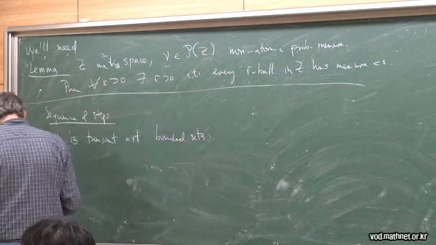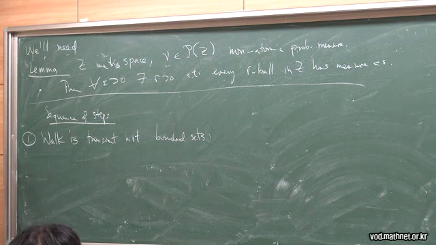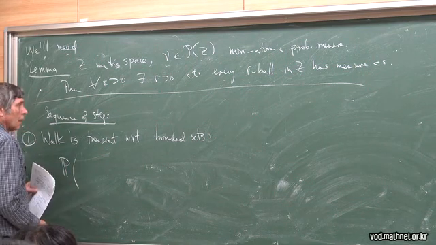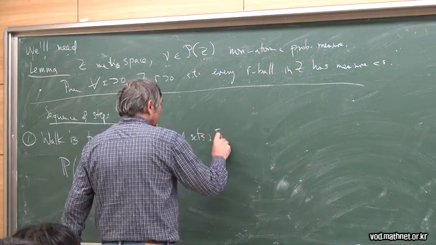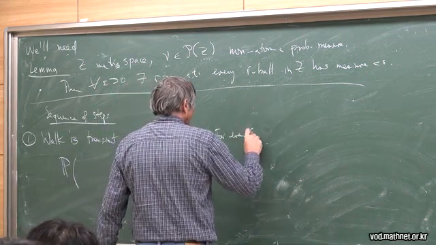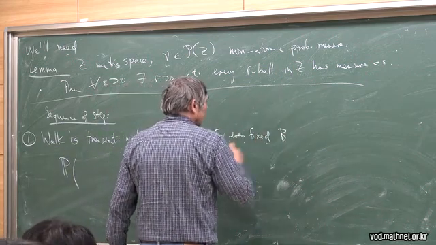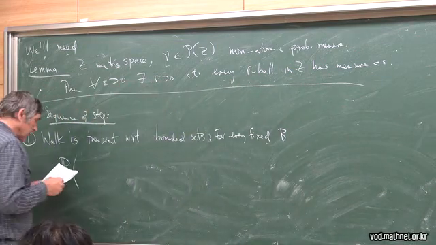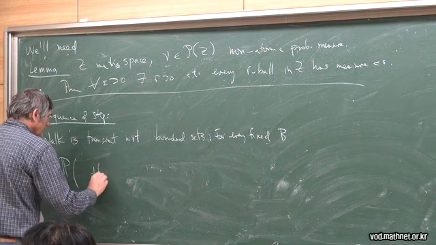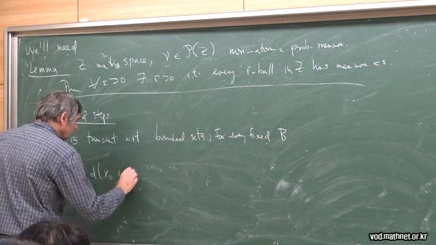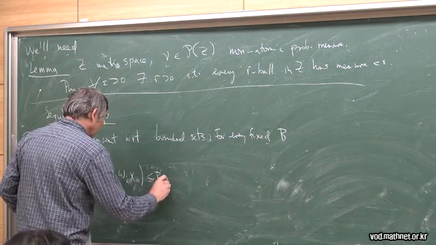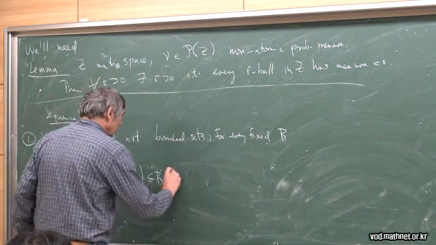Okay, so what I mean by this is that for every fixed b, some big number, say, I look at the probability that the distance between x0 and omega_i of x0 is less than this b for some i.